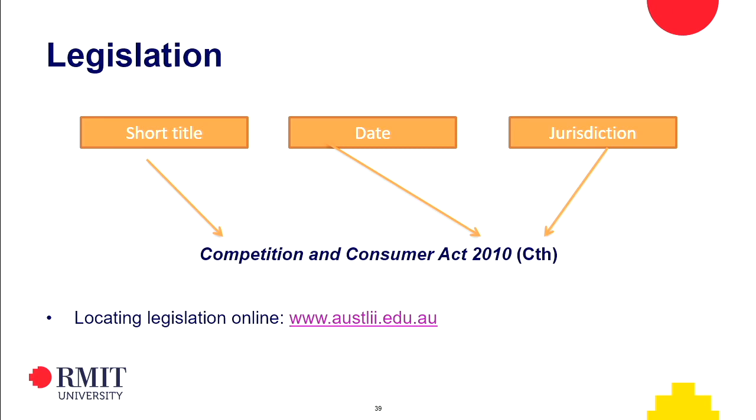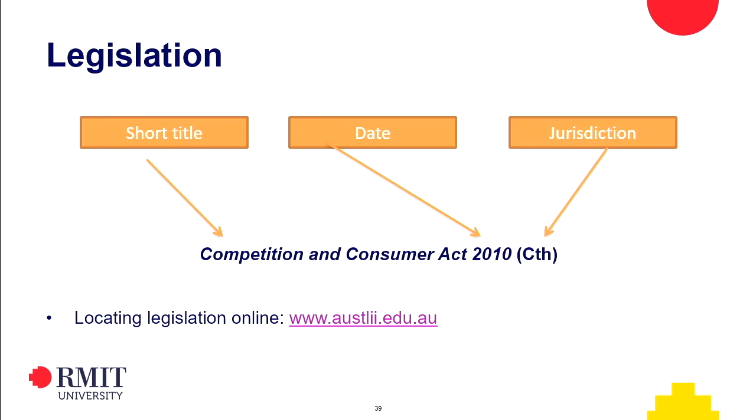If it's a law that's passed by Victoria, we'll see VIC, and that identifies that it's a Victorian law. Or Queensland, QLD. New South Wales, it tells us what jurisdiction it's come from and whether it applies to us. If we're in Victoria and the New South Wales law is around traffic offences, it's not going to apply to you driving in Victoria. So that jurisdiction is really important in terms of, well, what law actually applies to me.